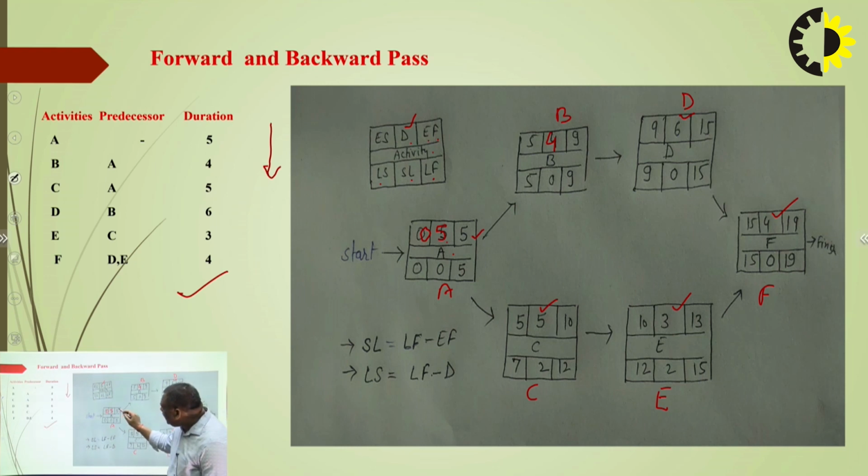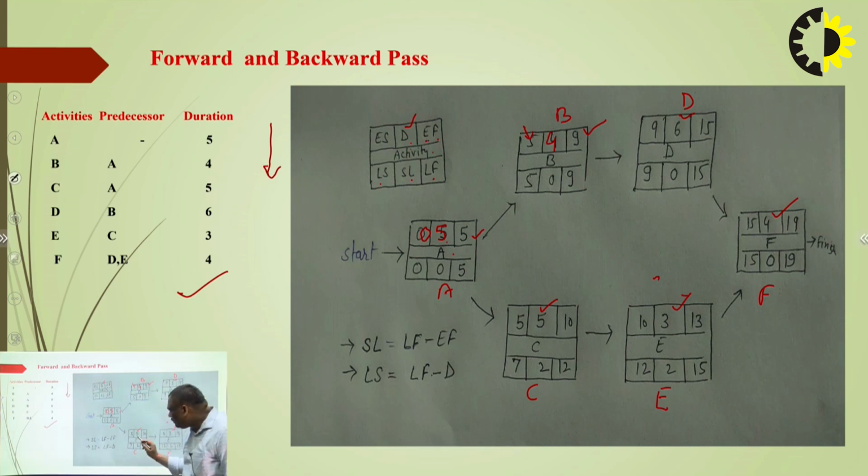The total time taken by the A activity is 5 months. After finishing the A activity, we start the B activity. Its earliest start time is 5, and its duration is 4 months, then 5 plus 4 is equal to 9. So its earliest finish value is 9.